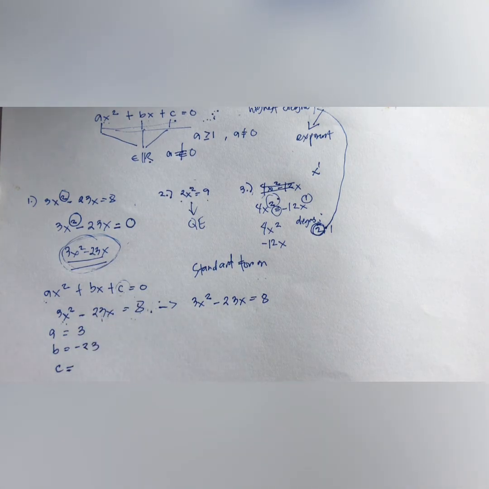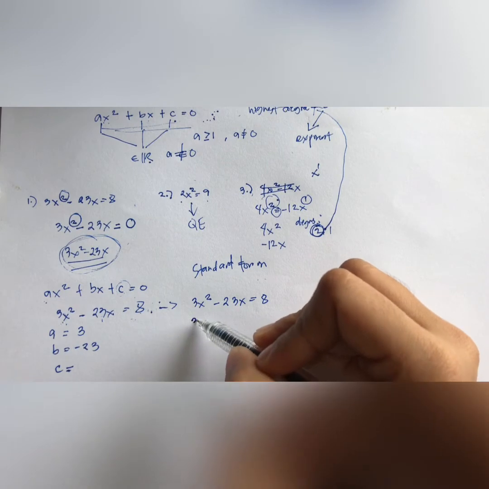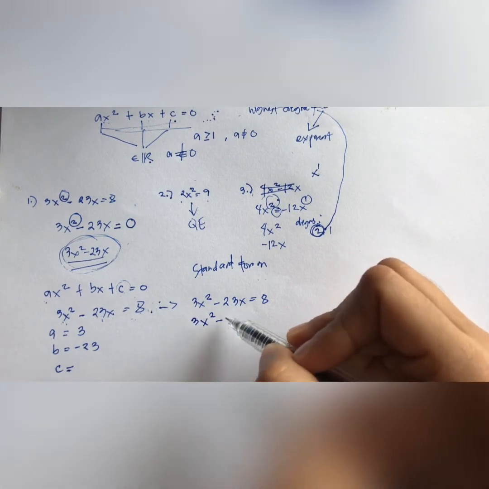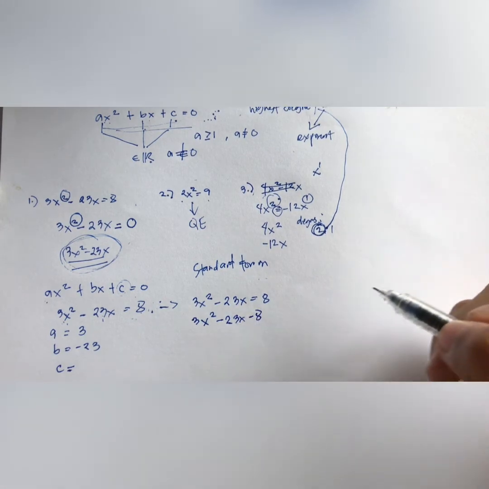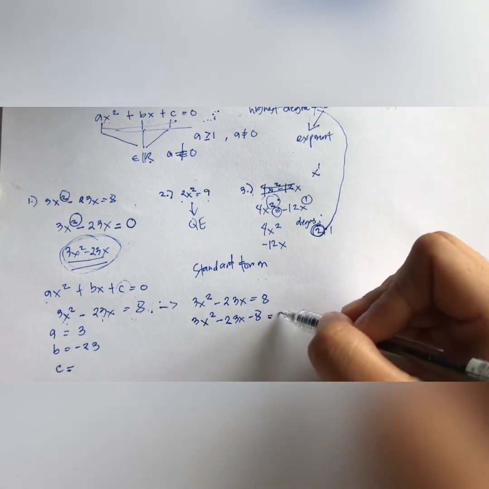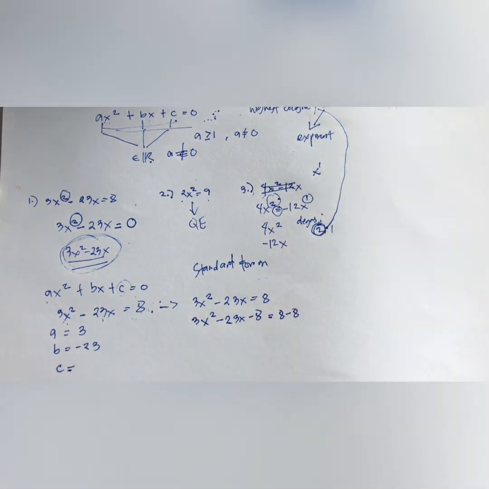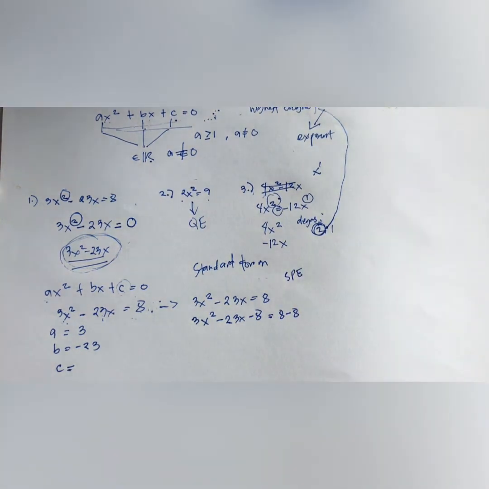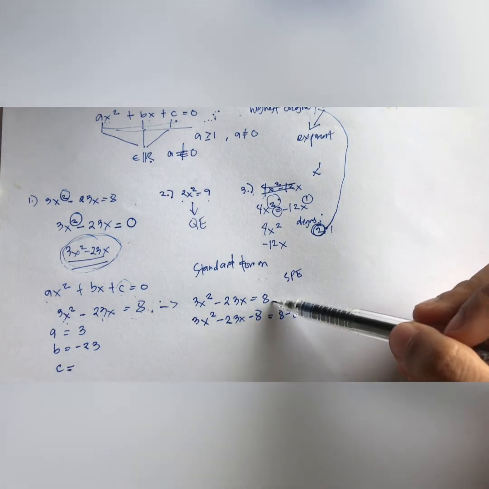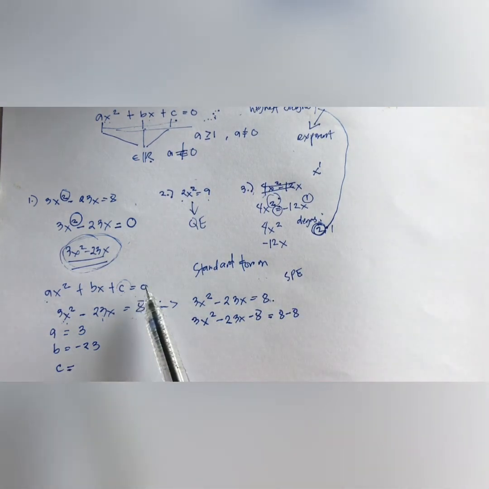So unsaon man na nato? That becomes 3x squared minus 23x minus 8 equals 8 minus 8. So how do we do that? That is by applying the subtraction property of equality. So since positive 8 man ni, so unsaon man kuno nato para mahimo siya ng 0?